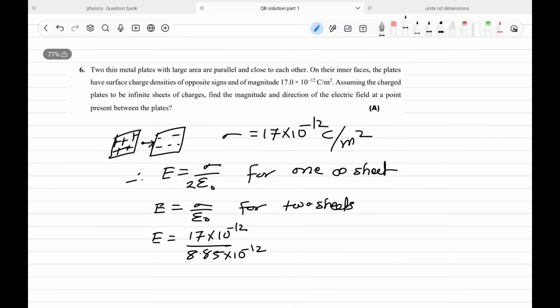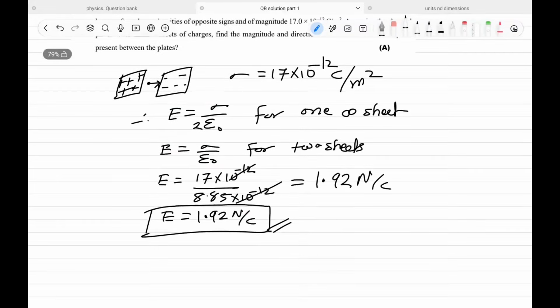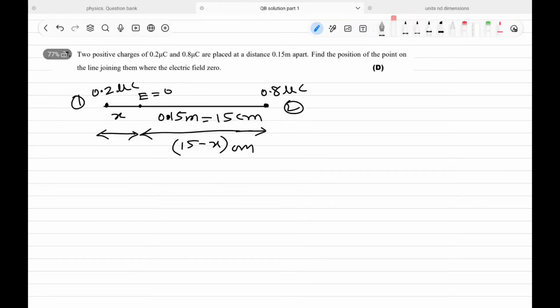Okay, now this minus 12 minus 12 get cancelled and it will become 1.92 if you divide 17 divided by 8.85. Okay, it will become this much, 1.92 Newton per coulomb, because electric field SI unit is Newton per coulomb. Hope that you understand.